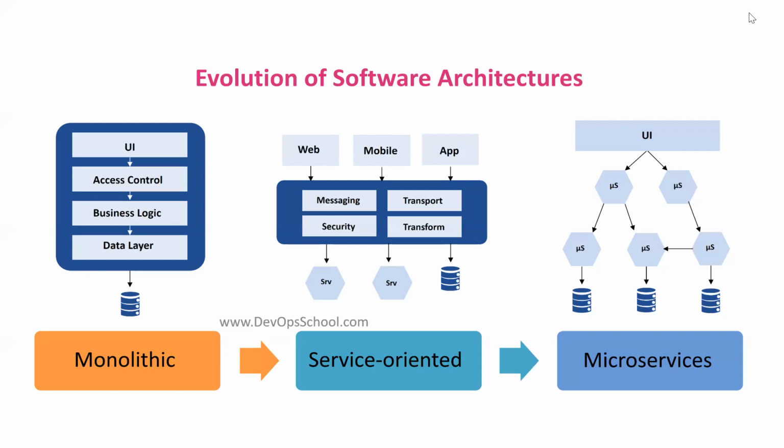But in microservices, let's say 100 functions means 100 web servers, 100 app servers, 100 databases. So look at the complexity. Just imagine the complexity growing at runtime. Of course, microservices is giving many other benefits also, but the complexity is also growing. And that is where we need a little bit more than monitoring.